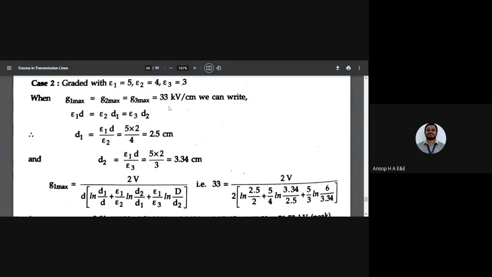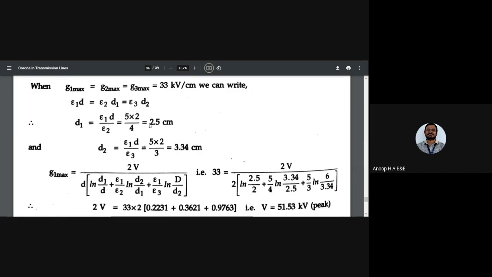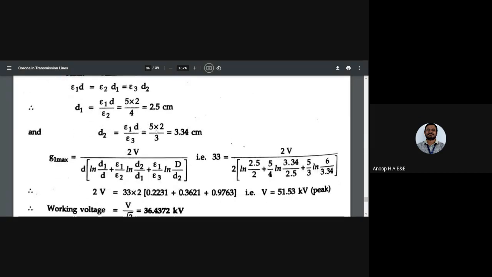In the problem, they have mentioned it to be equal. To obtain uniform grading of cables, I can have it as 33 kilovolt per centimeter. So I can write epsilon 1 d equals epsilon 2 D1 equals epsilon 3 D2. I can equate these and get D1 and D2.